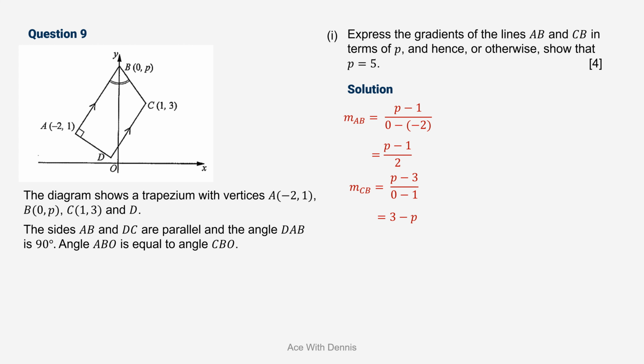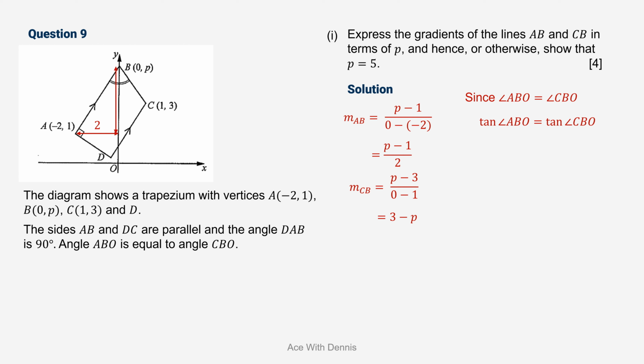Now, move on to answer the question. Part 2, show that p equals to 5. We start from, given that the angle ABO equals to angle CBO, that means tangent angle ABO will be equals to tangent angle CBO. So to find tangent ABO, let's look at this length. From coordinates of point A, -2, 1, this length will be 2 units.